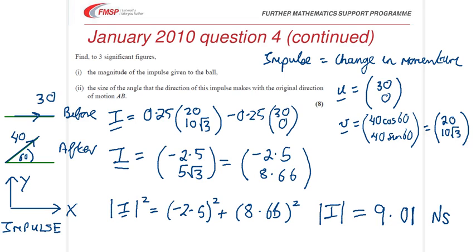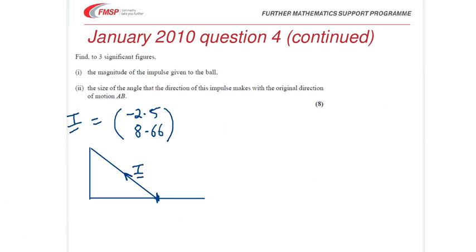For the last bit of this question, we just want to find the angle that the direction of the impulse makes with the original direction of motion of AB. So fairly standard, I think. All we need to do is show the impulse. I think I've put it on here. So we've got the impulse as 2.5 back in this direction, 8.66 up here. Tan of alpha then is 8.66 over 2.5.